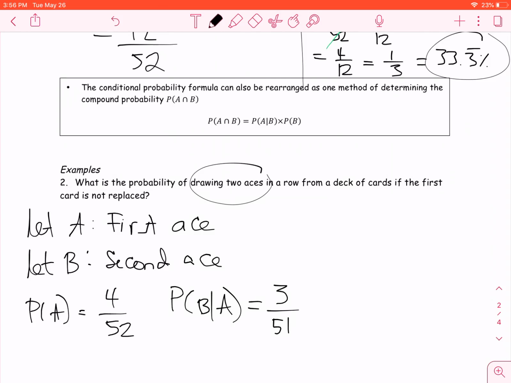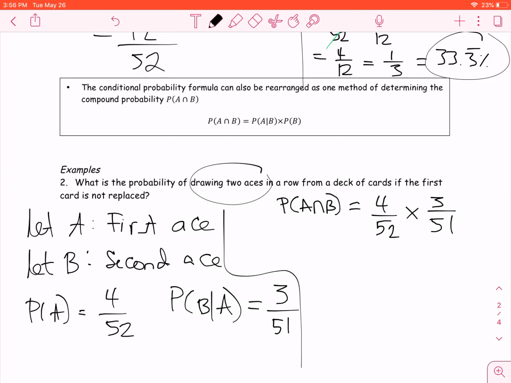So, given the formula that was discussed above to find the probability of A and B, we're going to take our probability of 4 over 52 and multiply it by 3 over 51.